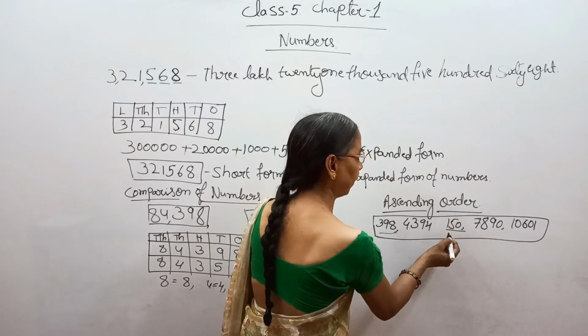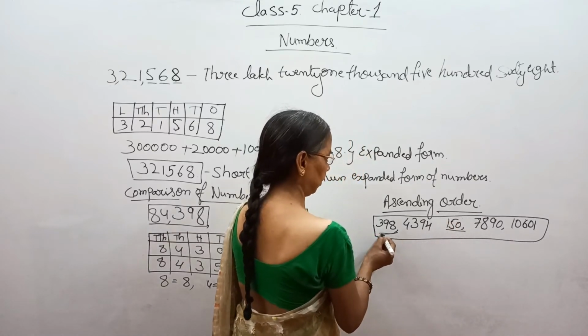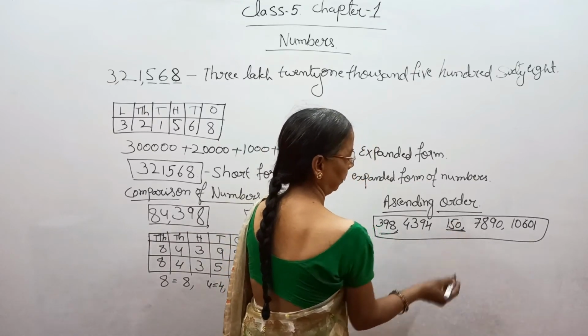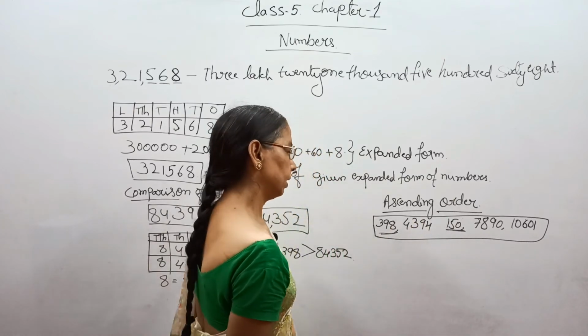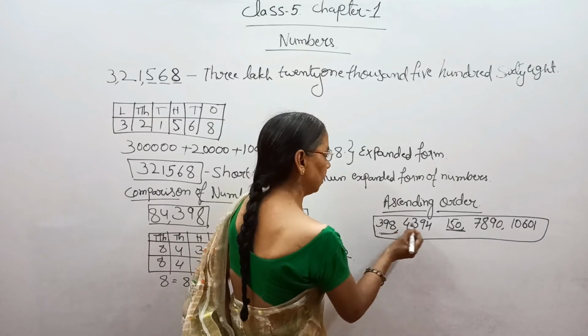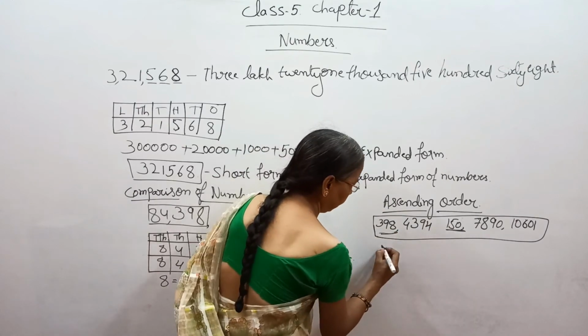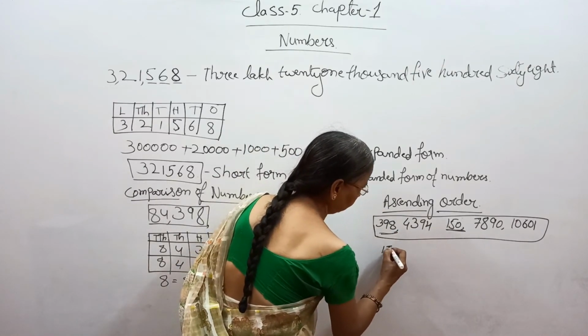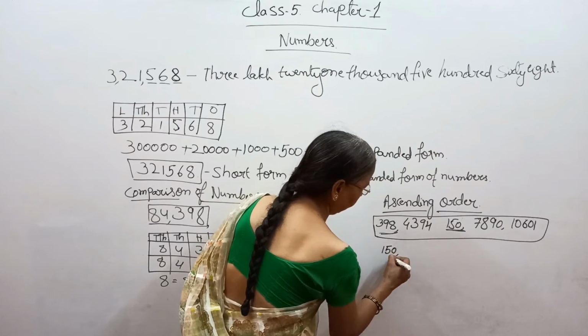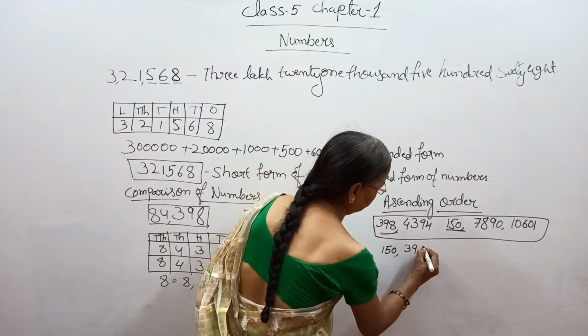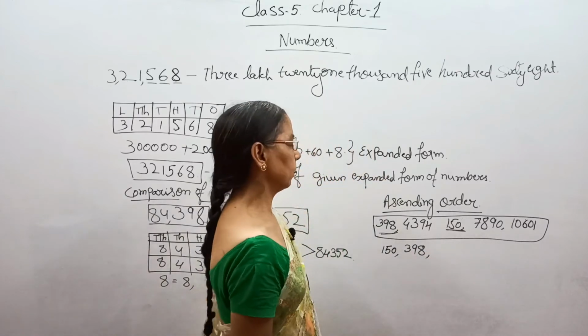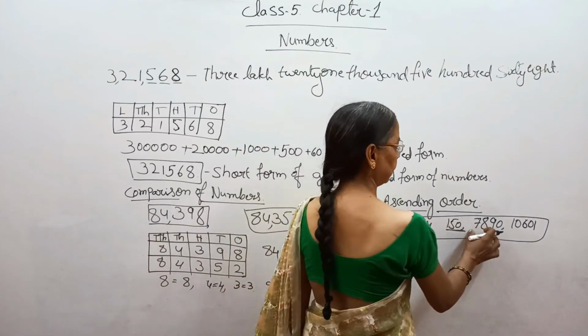We take the first 3-digit numbers, that is 398 and 150. In these two numbers, which number is smaller? Simply 150 is smaller. Then automatically we write first 150, then 398.